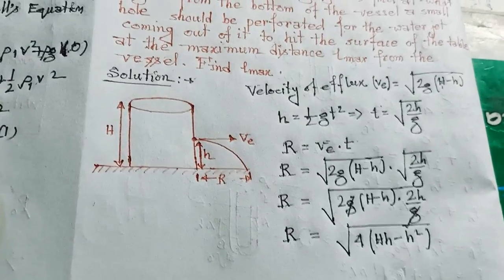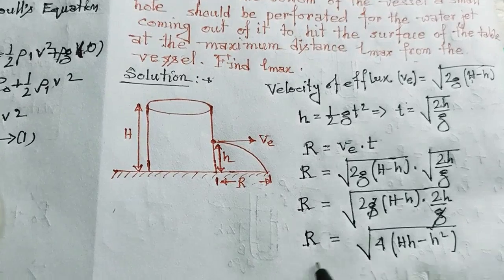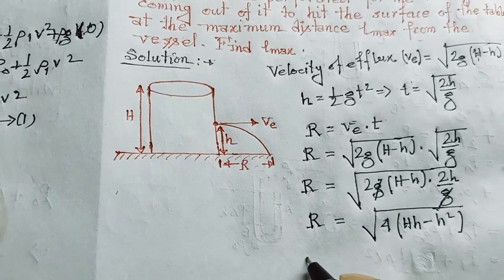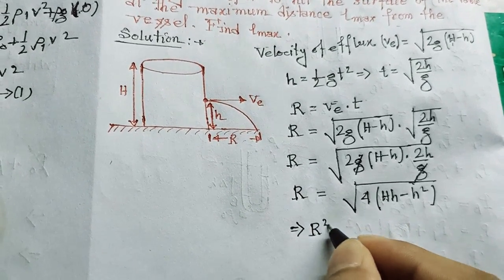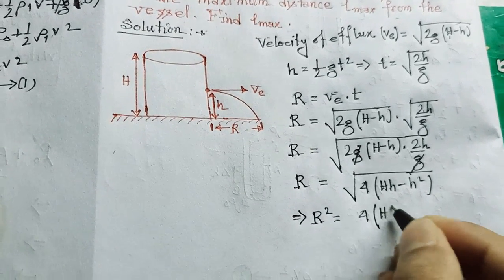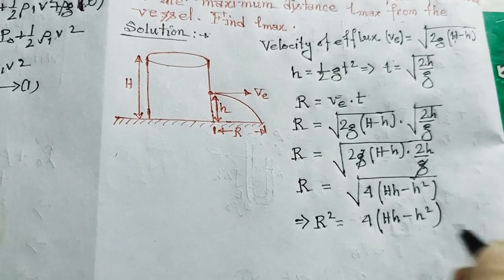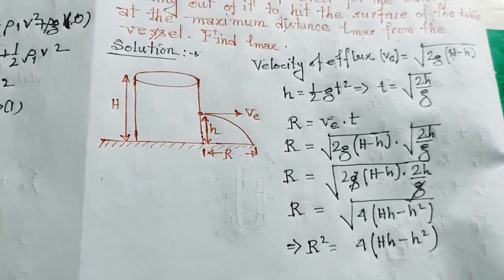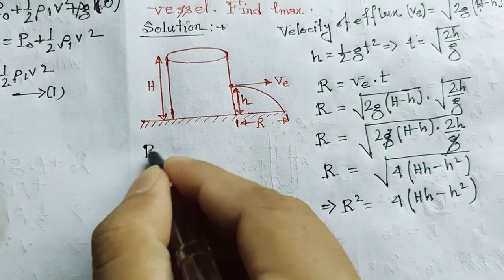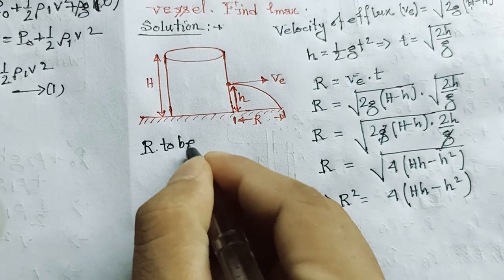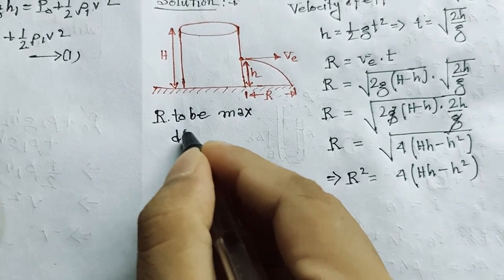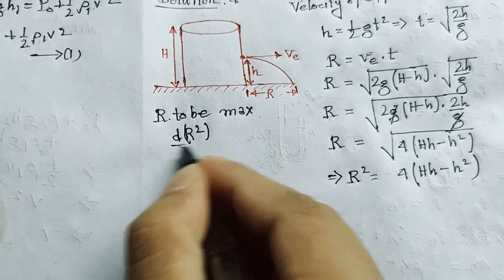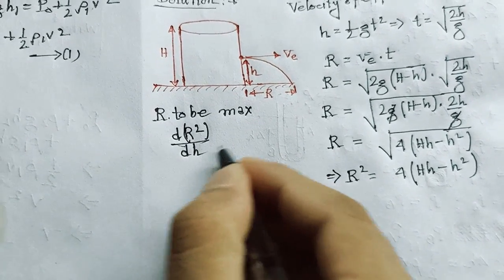For the range of this fluid jet to be maximum or minimum, the derivative of this range will be equal to 0. Now R square is equal to 4 times capital H small h minus small h square. For R to be maximum, d R square with respect to dh will be equal to 0.